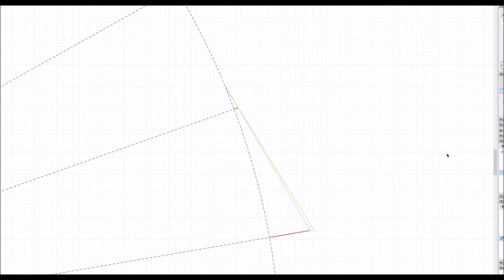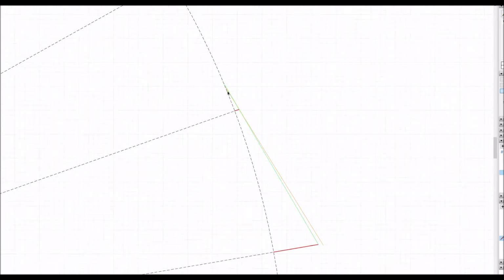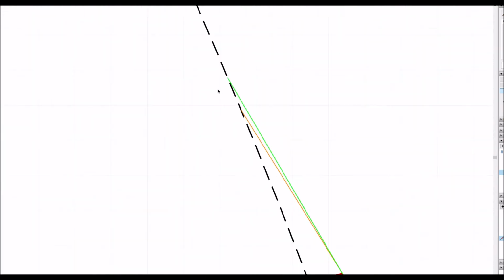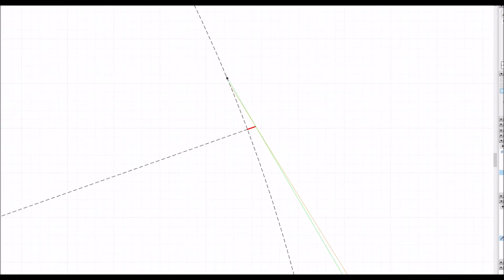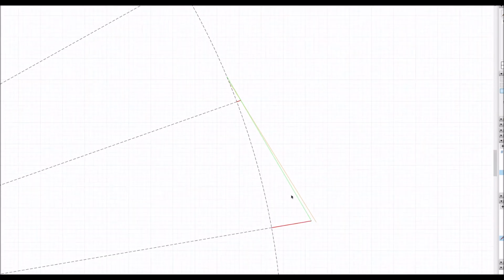As he moves further back, now we look at this green line. He's moved from here further back. His line of sight through the top of the tower reaches a point where it lines up with the mountain. So the mountain and the top of the tower now meet. I'm going to turn off the orange line, and there's the green line. Now he's going to go back further. Now we're looking at this blue line here.